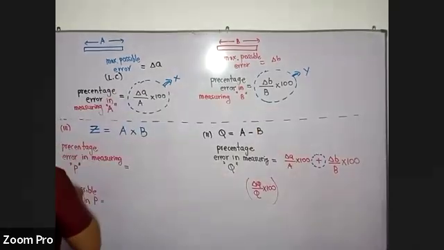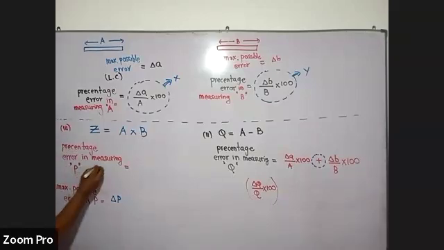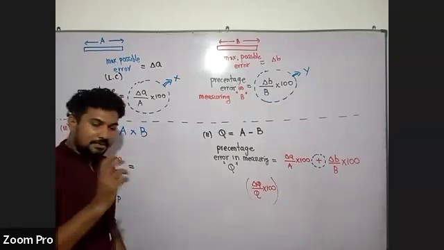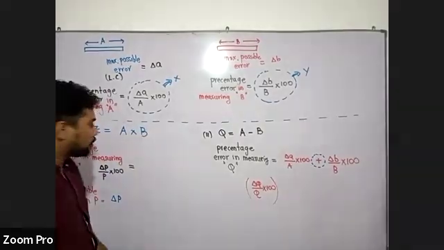So let's assume that the maximum possible error in measuring Z is delta Z. So as I mentioned earlier, with any mathematical function, errors always add to each other, right?